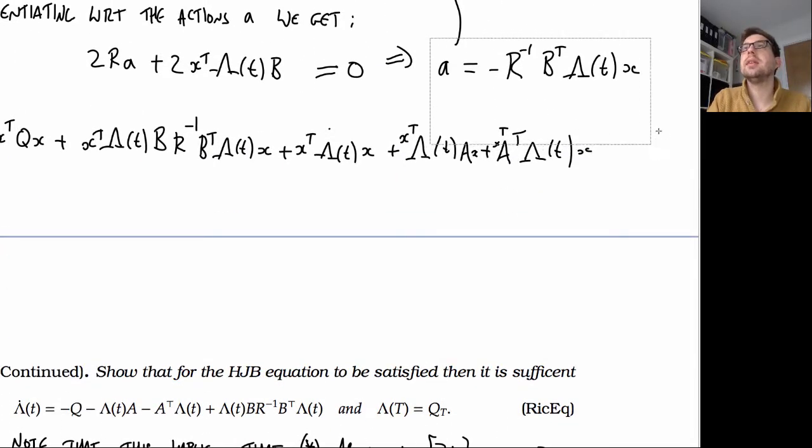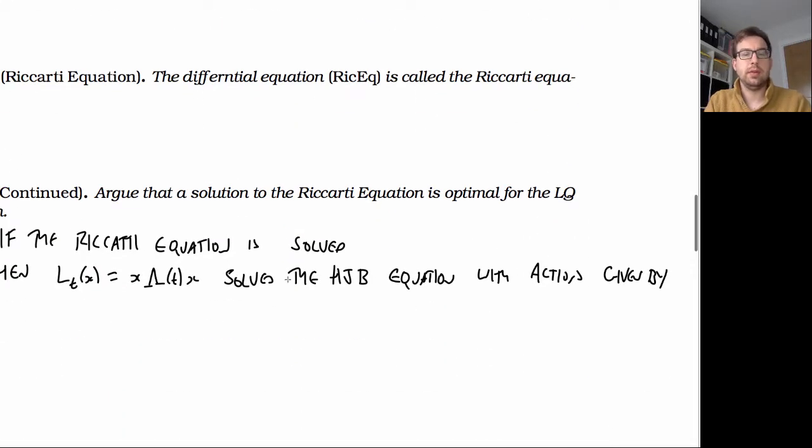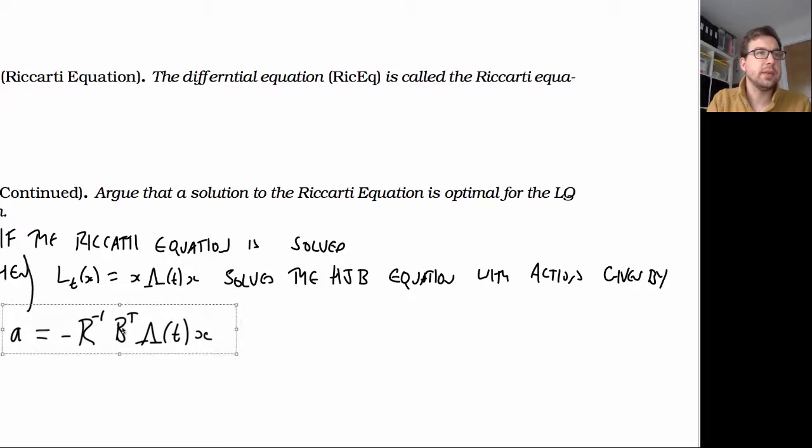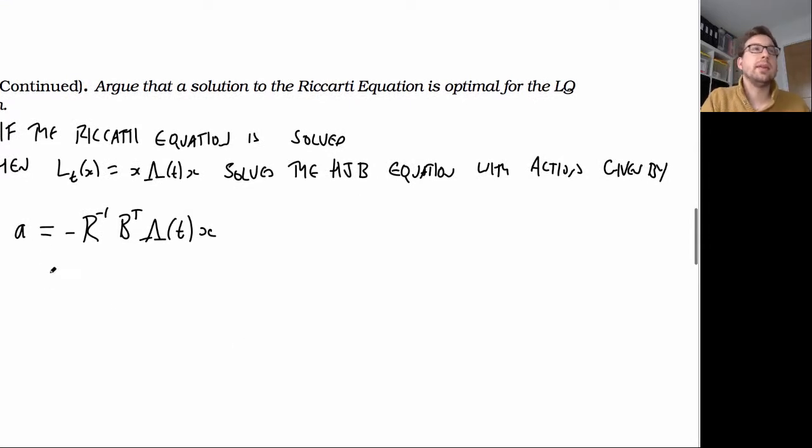Let's just copy that. So with actions given by this. Okay. And so if we have a solution to the HJB equation, then it's an optimal solution.